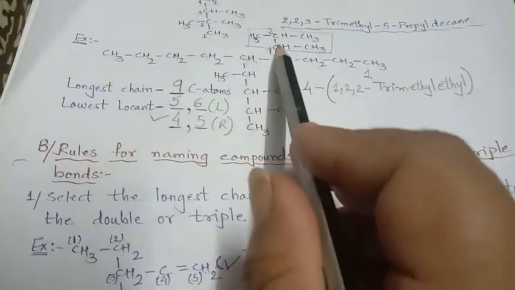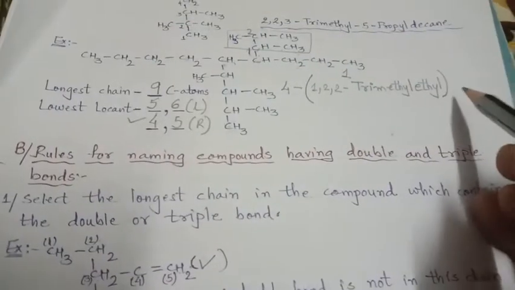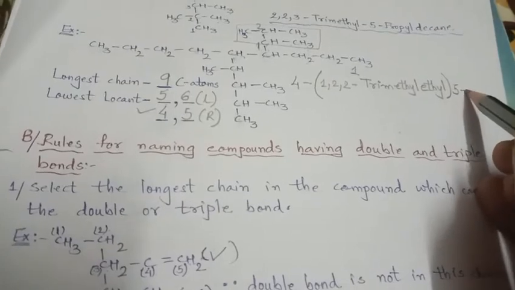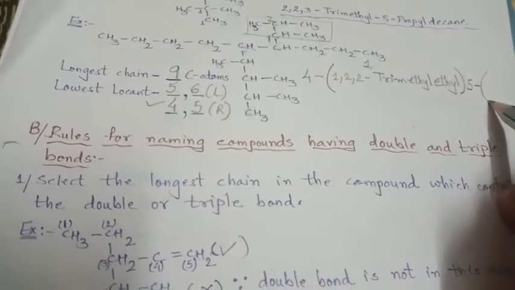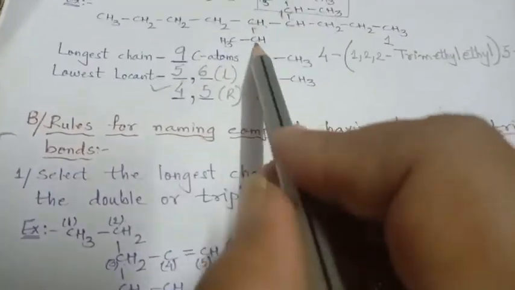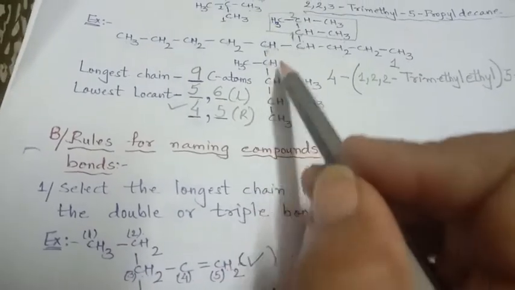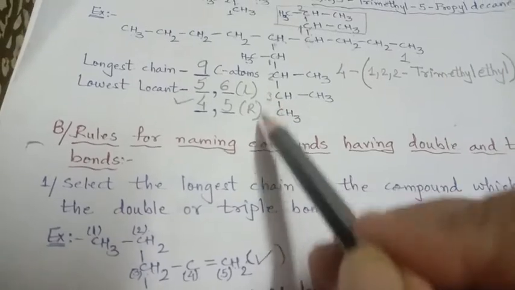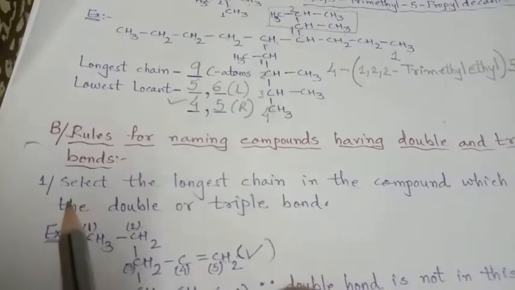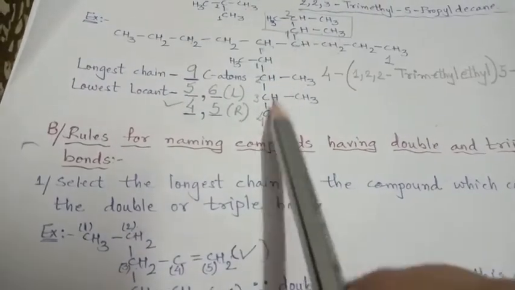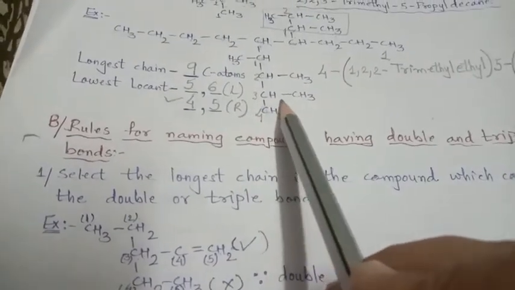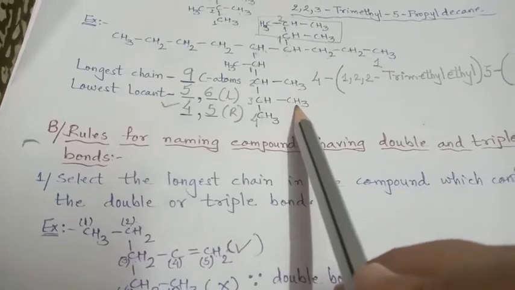Now what is the next? On the fifth carbon. So again 5, dash, that is hyphen, and bracket. Now see, this carbon is attached to the parent chain, so this will be 1, 2, 3 and 4. So it will be butyl. But here, attachments you see on first carbon, second and third. Here are also all methyl.